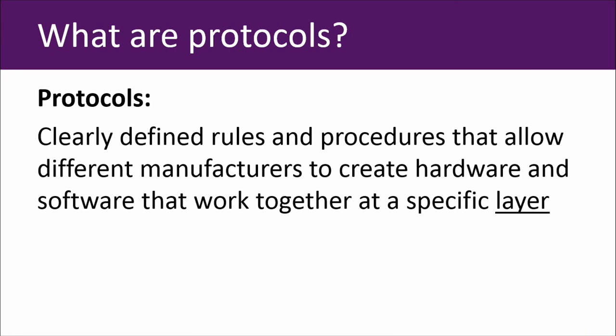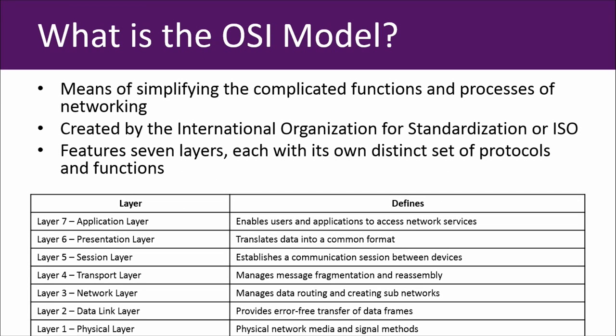So you're commonly going to hear standards referenced in the same breath as protocols, okay? Protocols and standards, a little bit different. A protocol is a clearly defined rule and procedure that allows different manufacturers to create hardware and software that work together at a specific layer, right? So what are layers? Well, layers make up the OSI model.